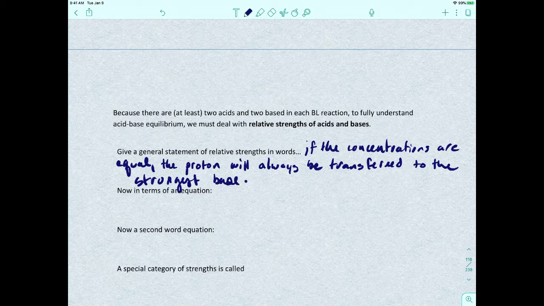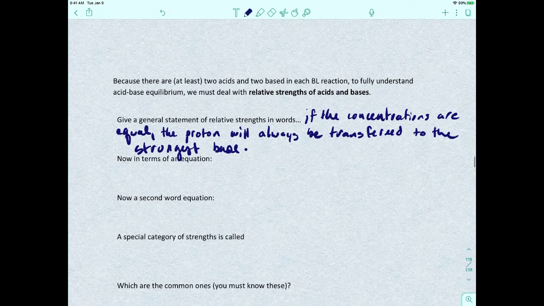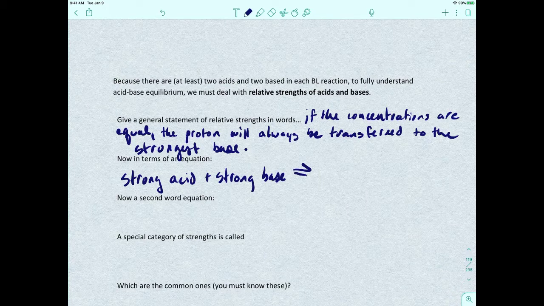Now, in terms of an equation, if you have a strong acid and we react that with a strong base, it's going to form an equilibrium with a weak acid plus a weak base. Or, let's talk about it in terms of the Bronsted-Lowry definition.